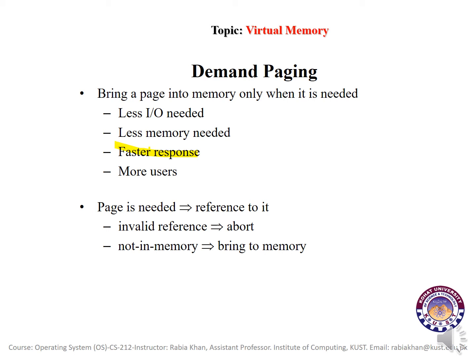Next benefit for demand paging is that more users will be supported, as pages of more than one process of different users will be allowed to be stored in RAM.